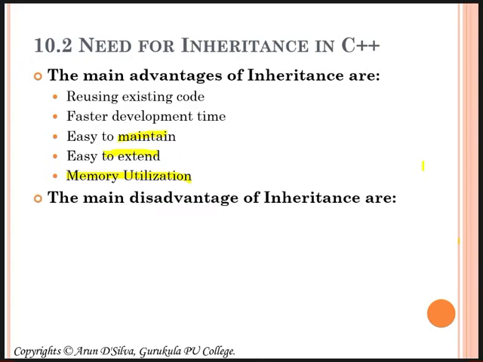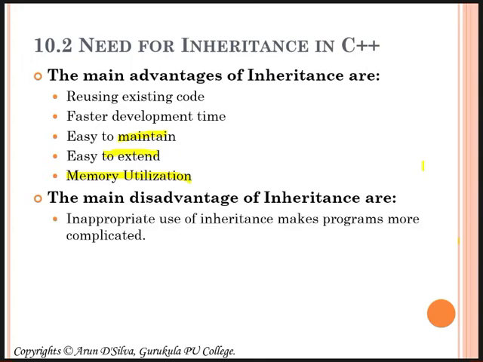See, what are the disadvantages of inheritance? The first one is that inappropriate use of inheritance makes programs more complicated. While organizing any C++ program, you have to make use of it in a proper way.